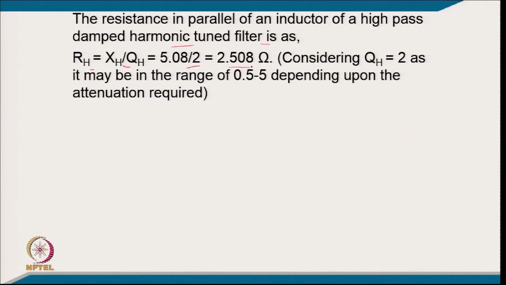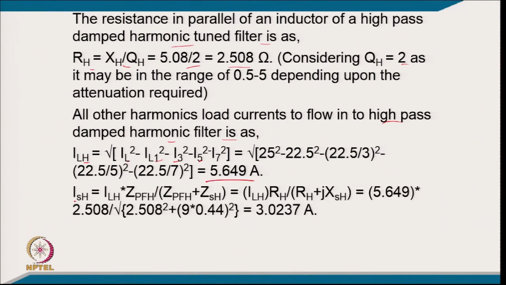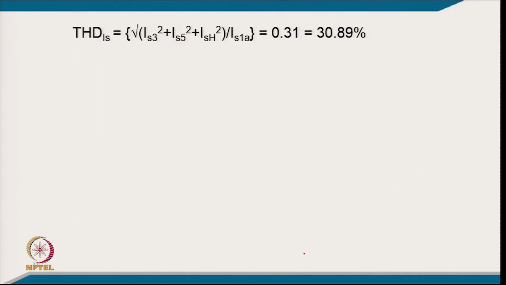So, it comes to 2.508 ohm, considering QH 2, and all the harmonic load current flowing to the high pass filter is calculated from ILH equal to the square root of IL squared, the fundamental current squared, then third, fifth and seventh harmonic, putting the value, it comes to 5.649, and the filter current into the supply will be, putting the value, 3.0237 ampere, and the high pass voltage will be, multiplying this, 11.97 volt.